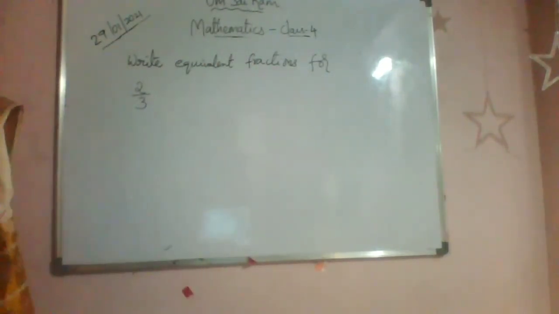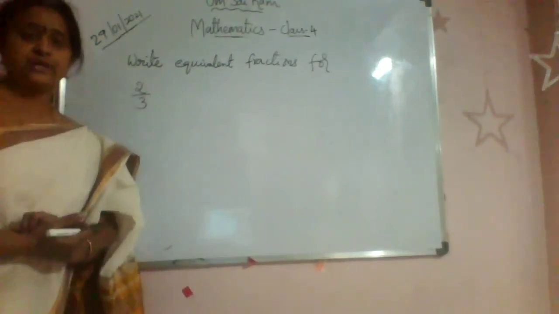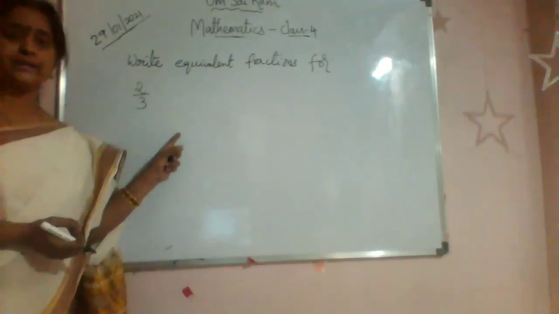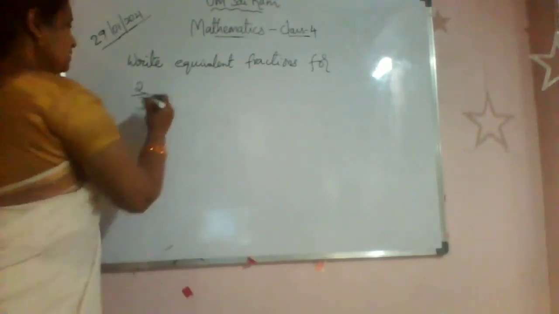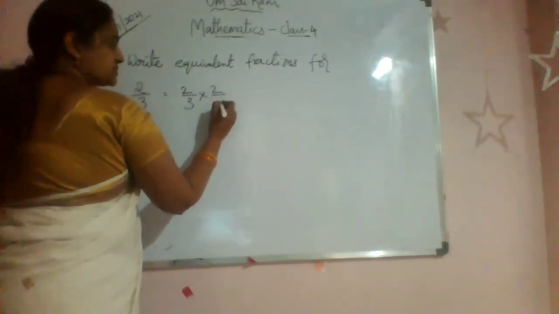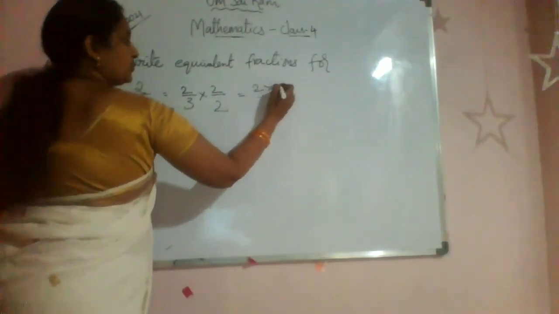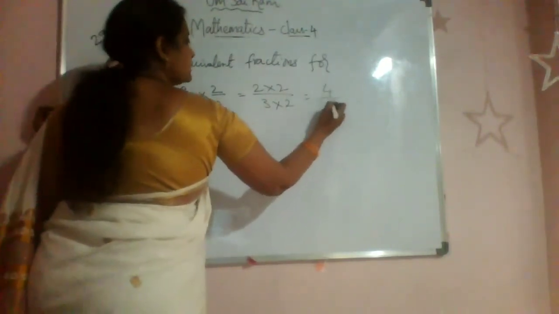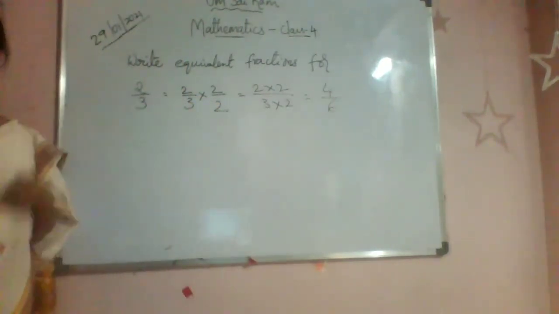As we learned in the previous class, equivalent fractions means we need to multiply both the numerator and denominator with the same number. So 2 by 3, I want to multiply with 2 first. 2 into 2 by 3 into 2. So 4 by 6 is one equivalent fraction.